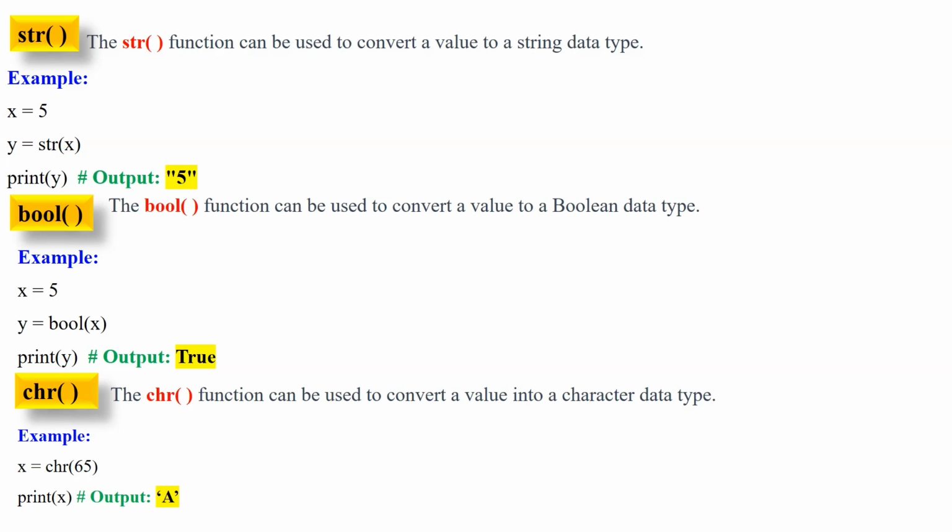The chr function in Python takes an integer representing a Unicode code point and returns the corresponding character. In Unicode, the code point 65 corresponds to the uppercase letter A. Therefore, chr(65) returns the character A, which is then assigned to the variable x and printed as output.